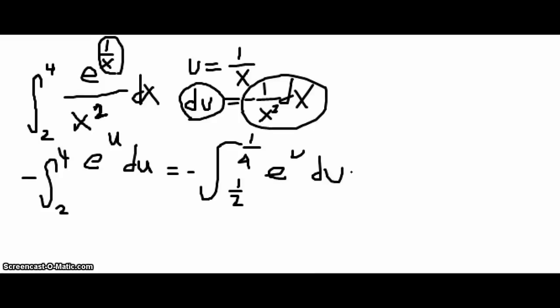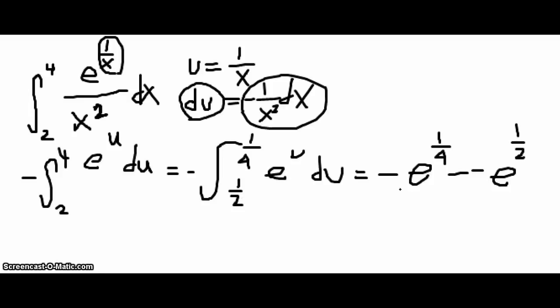Now, with this, we can just solve the integral as we would always do. So this equals negative e to the upper bound, 1 over 4, minus negative e to the 1/2, because 1/2 is a.